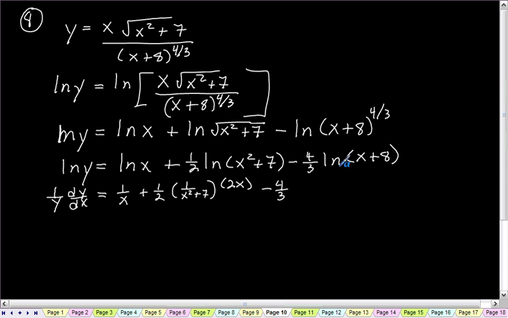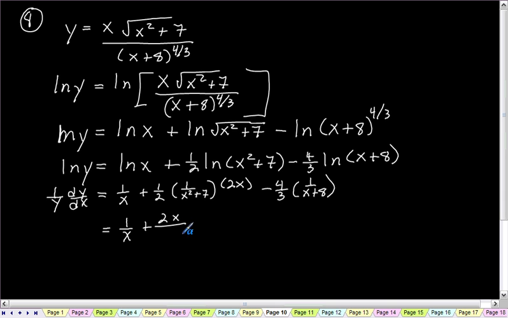What's the derivative of ln of x plus 8? That is 1 over x plus 8 times the derivative of x plus 8. That just goes to 1, that's multiplied. So the 1 stays there, nothing happens to this part here. Let's see if we can simplify just a little bit more. 1 over x. This is 2x on the top.